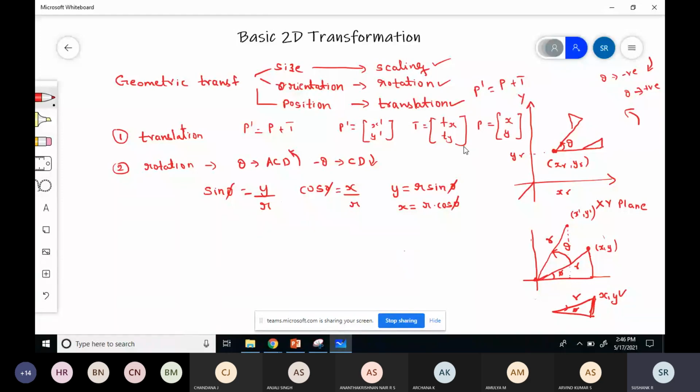And phi is the original angular position of this line xy, and theta is the rotation angle. So now if I want to create an equation in terms of theta, that means x dash. X dash means from the line x to x dash.